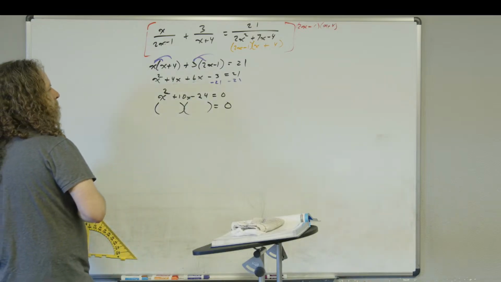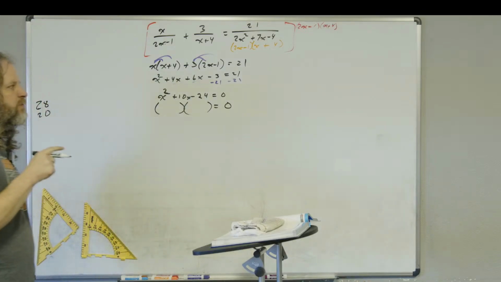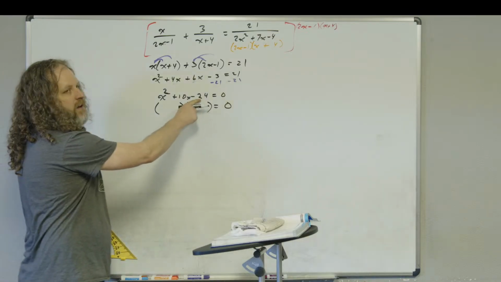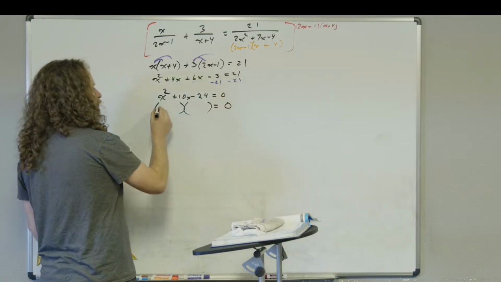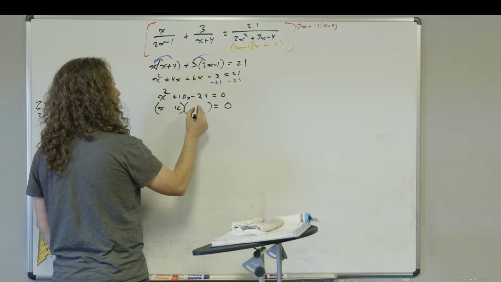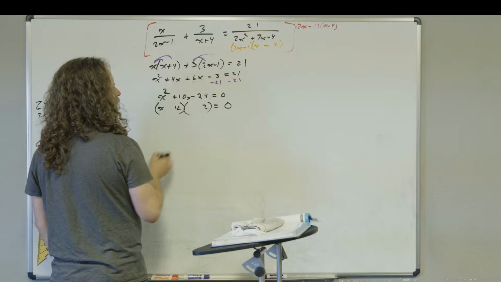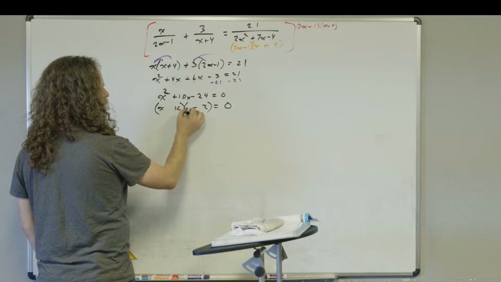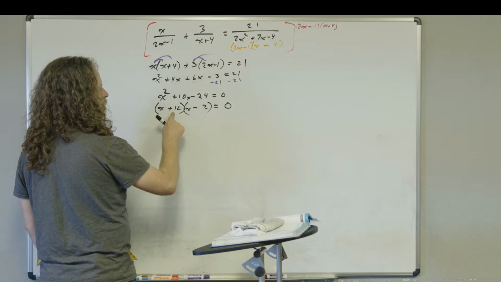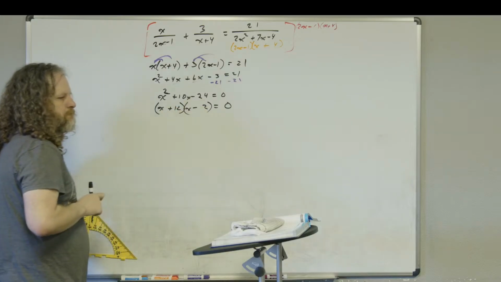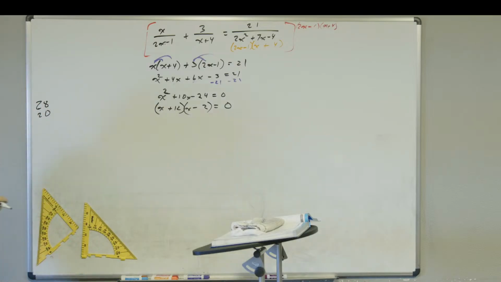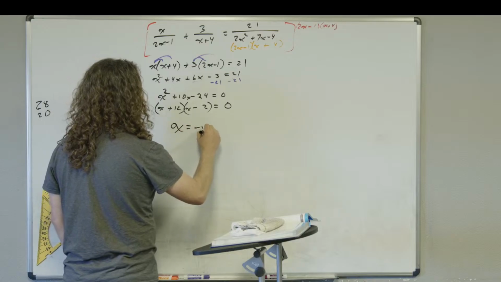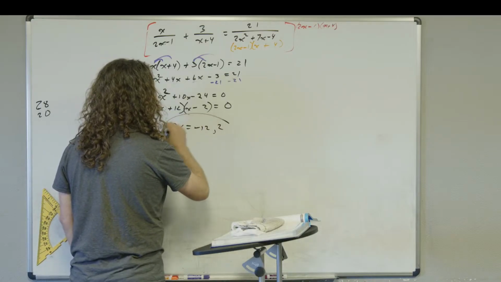Yeah, 6 and 4. 6 and 4 doesn't work, because in order to do 6 and 4, it has to be 6 plus 4, so positive times positive is not negative. So you have to use the 12 and 2 version, because then we can do minus and plus, and we get our negative at the end. Set each factor equal to 0, and we end up with x equals negative 12 and 2.